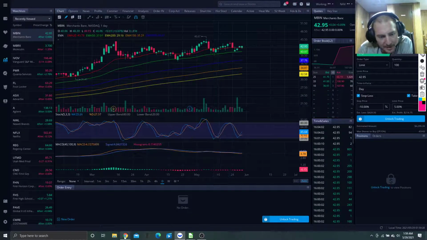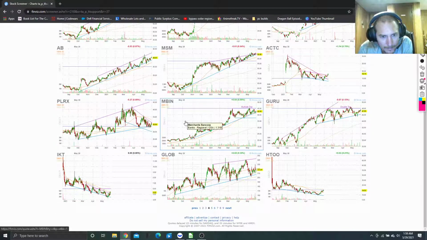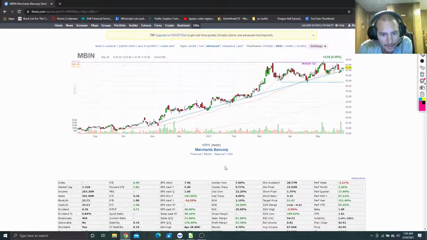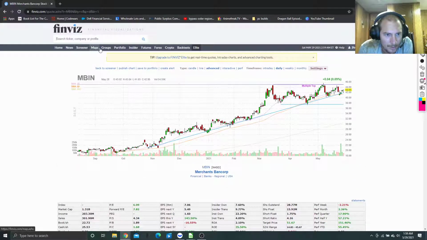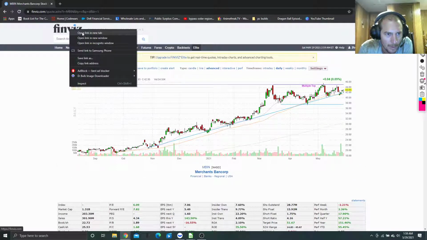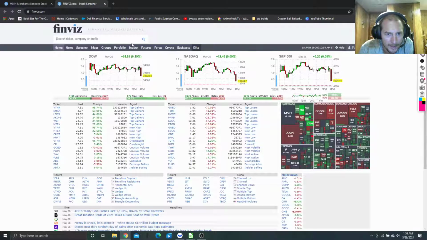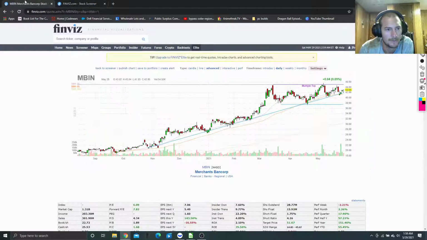And then finally, what we want to check, if you see right here, a financial, and then the banks regional. So let's go to open a new FinViz tab here. And what we're going to look at is the sector. As soon as I find it, it'll probably work this way.